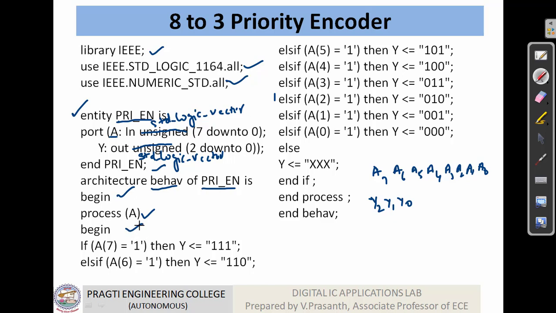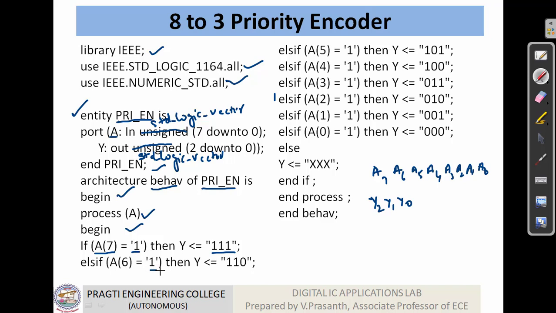Now the process is beginning. Here the statement is like this: if the 7th bit, that means the 8th bit, A(7), is 1, then the output is written as 111. Else if, that means if this 7th bit is not 1, it goes with the 6th bit.